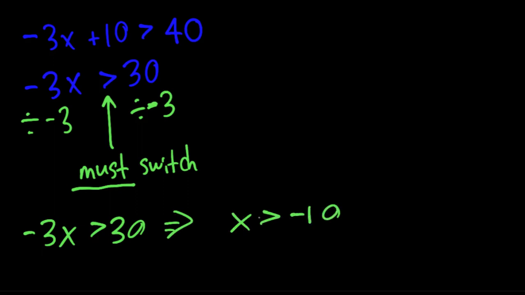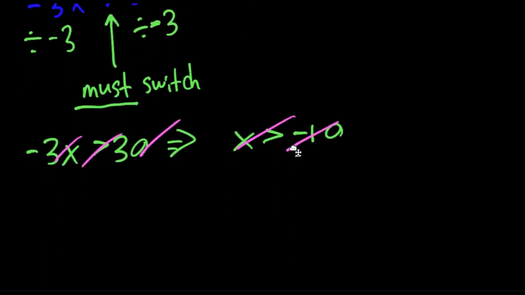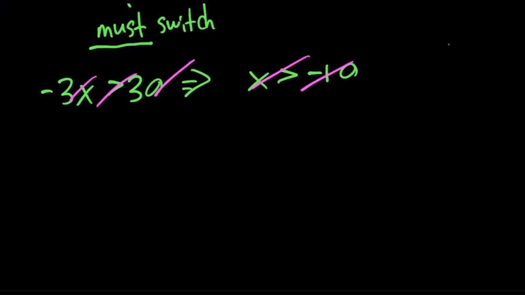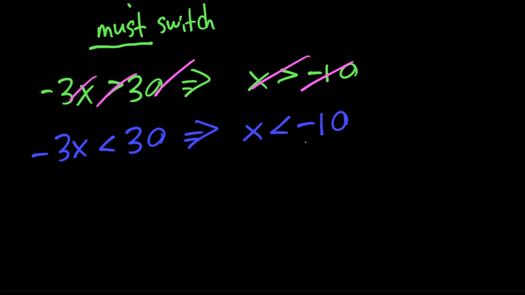That's not what it's going to stay as. So don't make this mistake. What it is going to become is minus 3x is less than 30. We're going to switch the sign, and thus x is going to be less than minus 10. Okay, so remember that. That is very important.